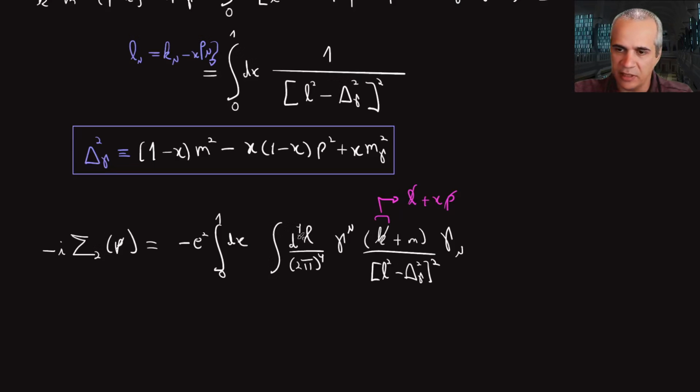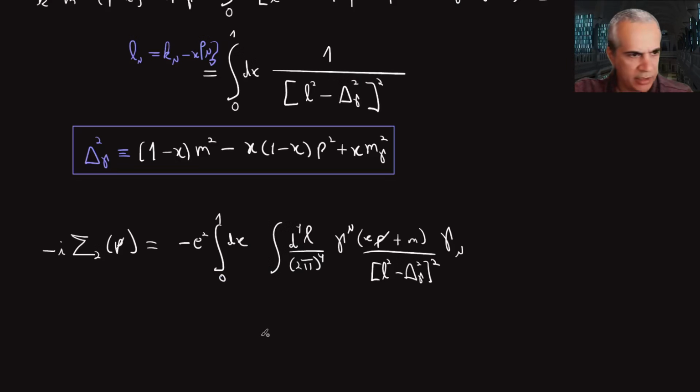So the integral is 0 because I don't need these odd terms, right? They are just 0. So I can just replace k here by x p slash, right? That takes care of all of that, of doing the Feynman parameterization.